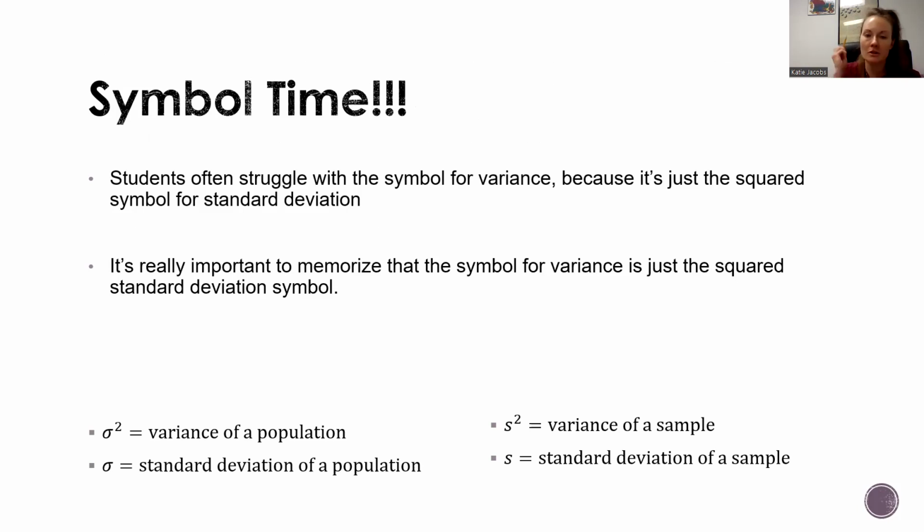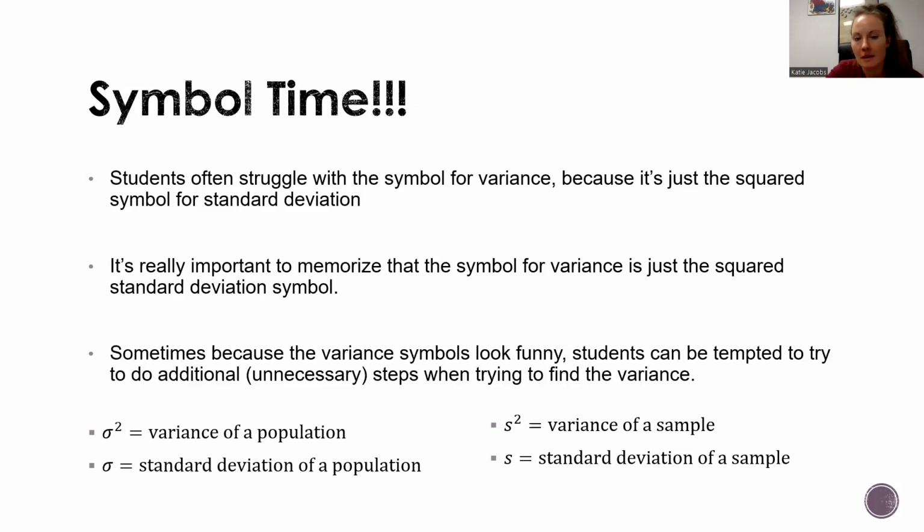It's really important just to memorize that the symbol for variance is just the squared standard deviation symbol, and that you don't have anything else that you have to do. Sometimes students really struggle with that, and that messes them up when they go to do their calculations. Sometimes, because the variance symbols look funny, students can be tempted to do additional unnecessary steps when they're doing these calculations.